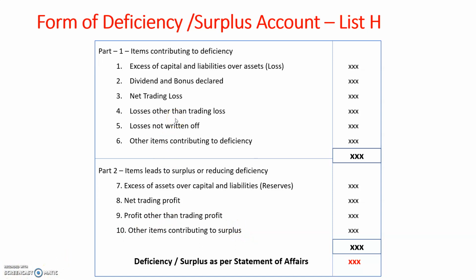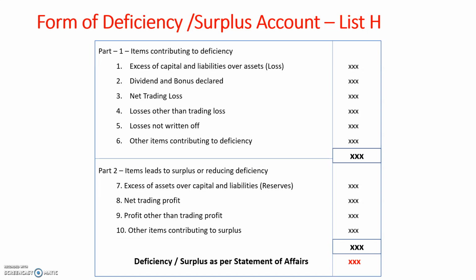All these are about the statement of affairs and the deficiency or surplus account prepared by a company which is going into liquidation. The board of directors must prepare this statement and submit it to the liquidator. It states the current picture of the company and its state of affairs on the date of liquidation.